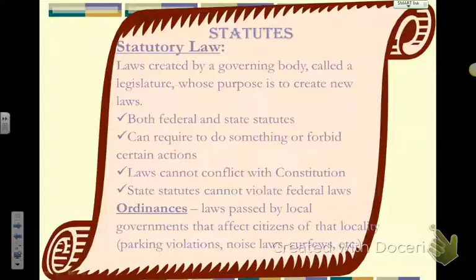Could be zoning laws. You can build a building here, you can build a house here, you can't build a house where you're building a building, and you can't build a building where you're building houses. Okay, they create laws of that sort at a local level. Again, those local ordinances can't be in violation of state laws, and they can't be in violation of federal laws.